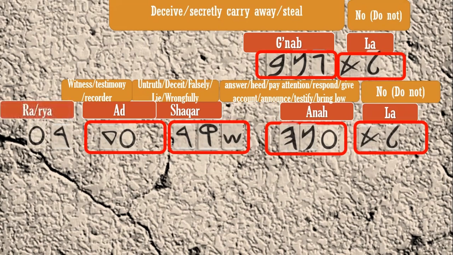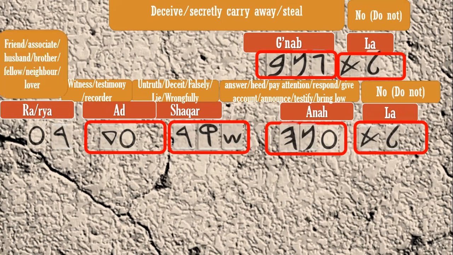And the final word is riyah or ra. And that word, oh, it looks like I forgot to place the highlight around it, but that word speaks to friend, associate, husband, brother, fellow, neighbor, lover.